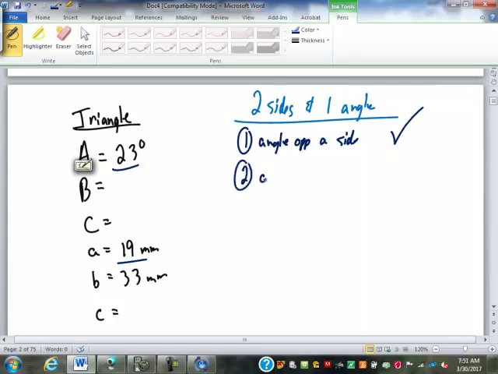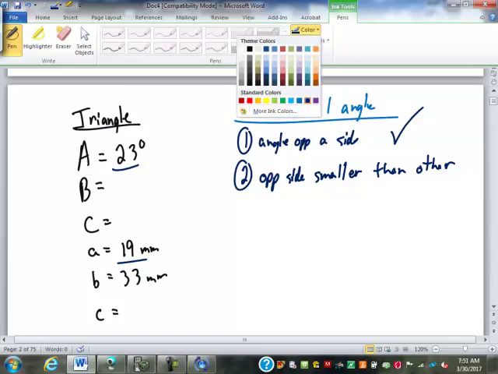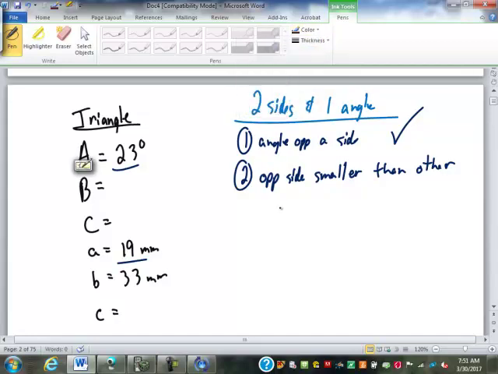The second one, though, is the opposite side smaller than the other. Smaller or larger, however you want to do it. And in this case, it is smaller than the other, which means there's two possible triangles here. I could have a triangle where this is the angle, 23 degrees.